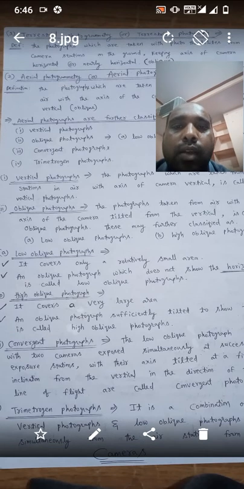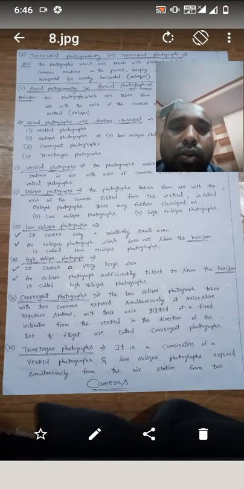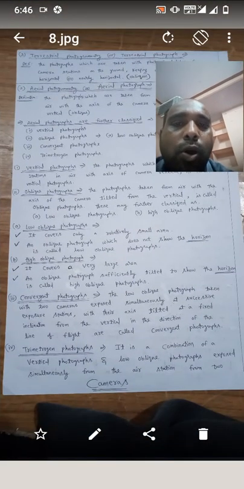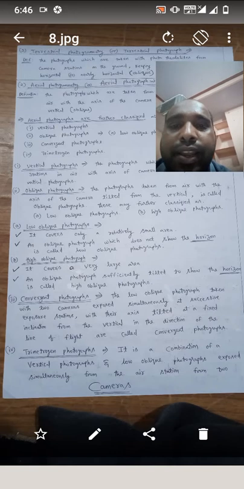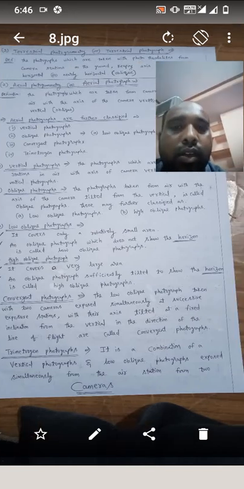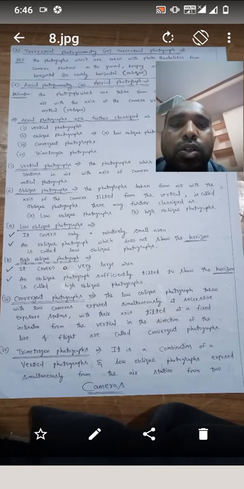Low oblique photograph covers only a relatively small area. An oblique photograph which does not show the horizon is called a low oblique photograph. High oblique photograph covers a very large area, and a photograph sufficiently tilted to show the horizon is called a high oblique photograph.